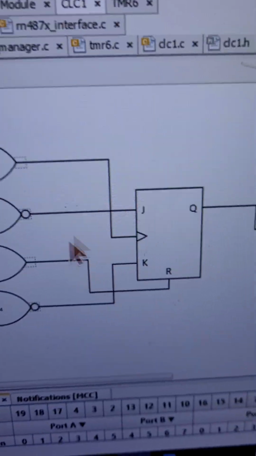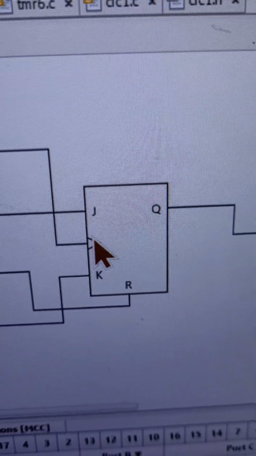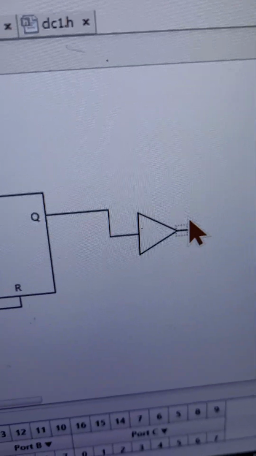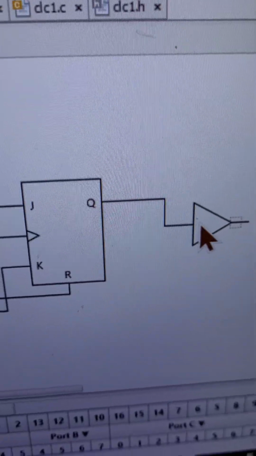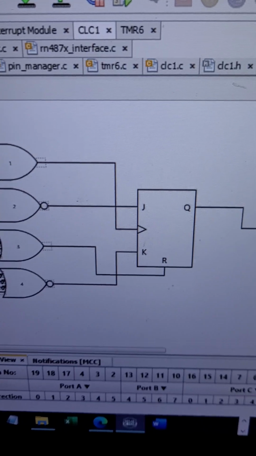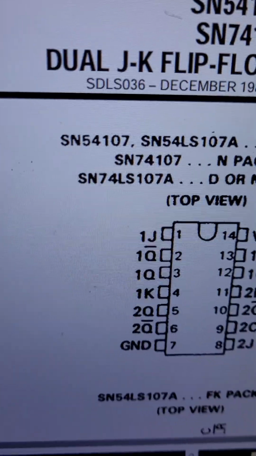So in this status, you clock the clock pin, and the LED connected to the output of Q will be toggled once every second. And that's what's happening here, right?